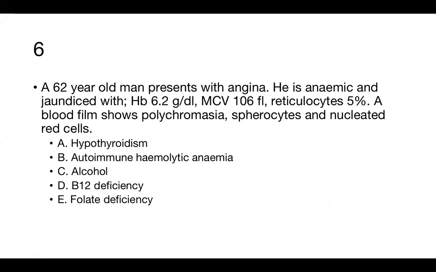So in hemolysis, there is jaundice, and also spherocytes and nucleated red cells are seen. So it may be autoimmune hemolytic anemia, and the angina may be due to thrombus, which is due to polycythemia. Okay, I'll come back to you.